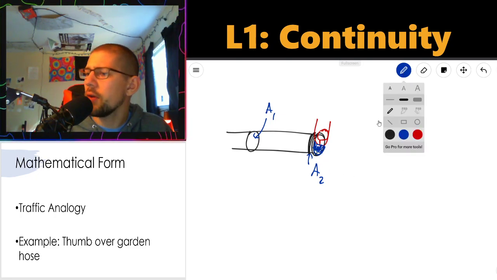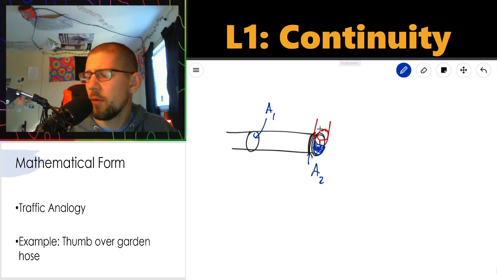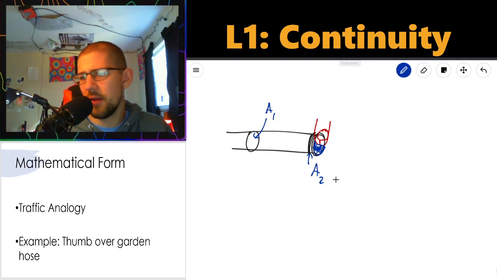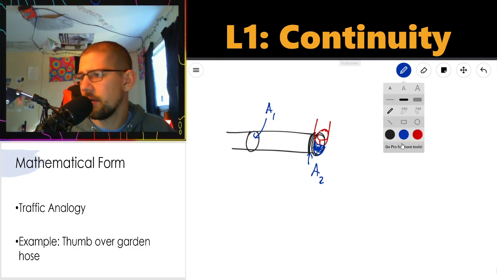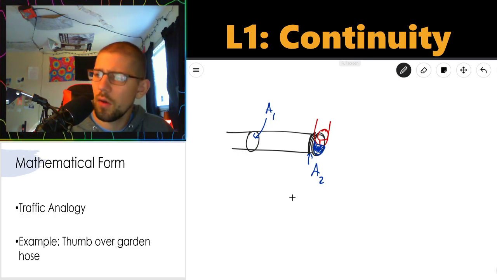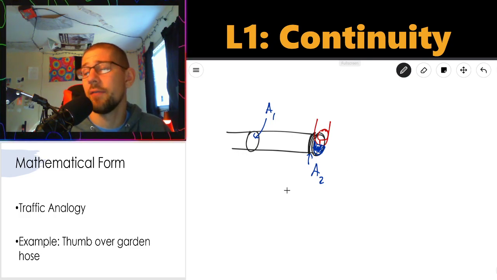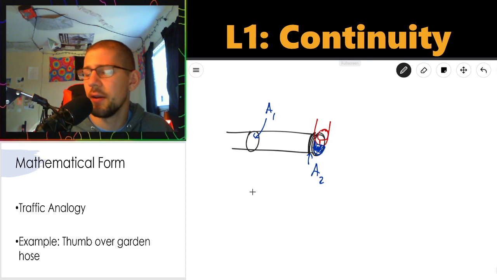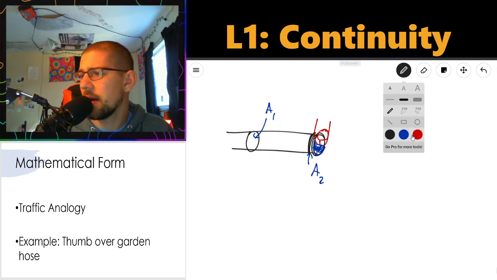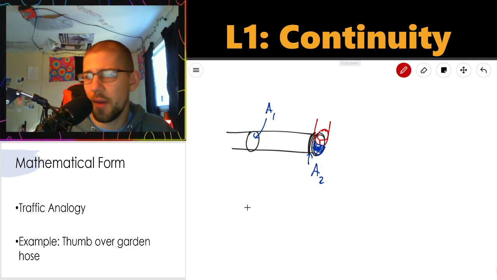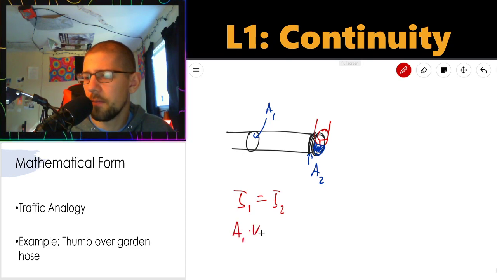Whenever you put your thumb over the garden hose, one thing you might notice is that the water comes out faster. Not a faster current, just a faster velocity. So doing some quick visual math, if the current has to be conserved, I1 has to equal I2, which means A1 times V1 equals A2 times V2.